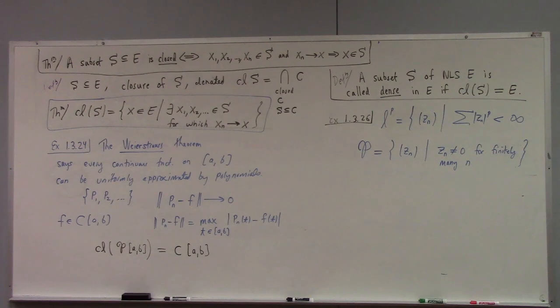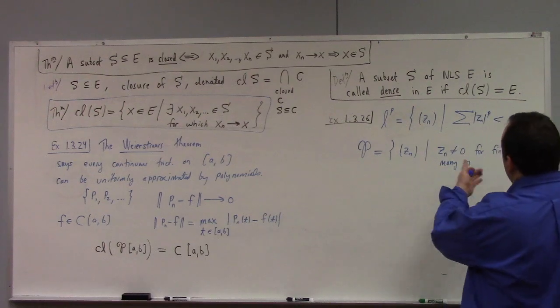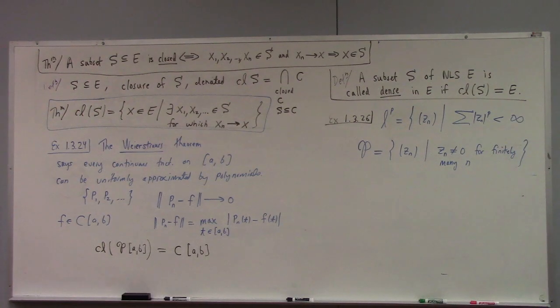It's polynomials. I can think of it in terms of polynomials, though it's a little bit dangerous what I'm saying, but anyway, these are allegedly dense in l^p.